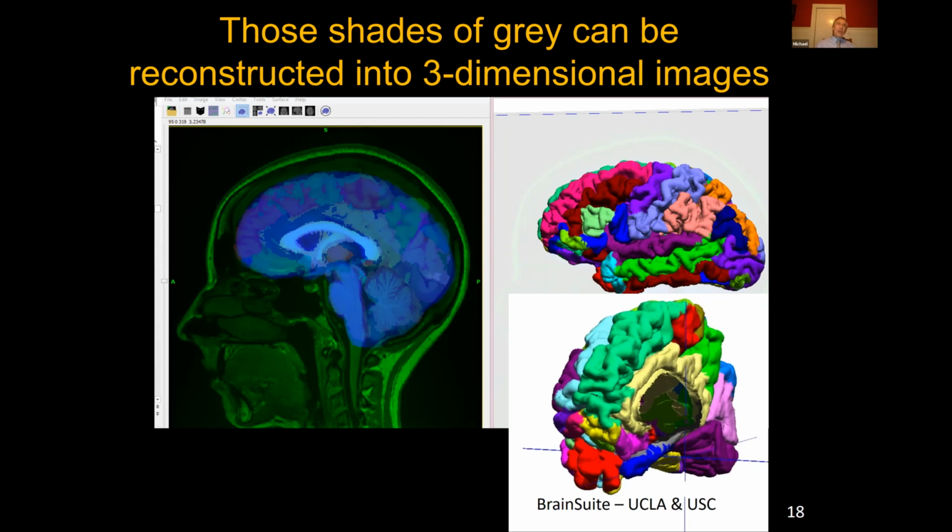So each color that we're seeing on the right-hand side of the screen represents known brain regions that the map has been morphed onto the image. Then within those regions, we can look at the density or the thickness of the tissue. We can quantify white versus gray. And it's been a very helpful tool for us to begin understanding normal brain development as well as pathology.